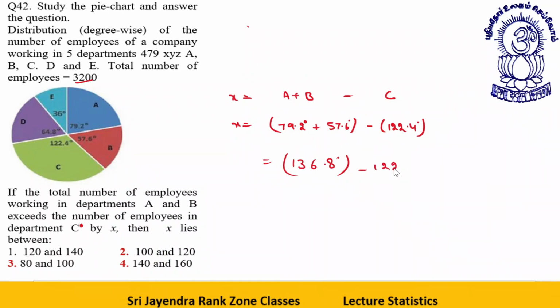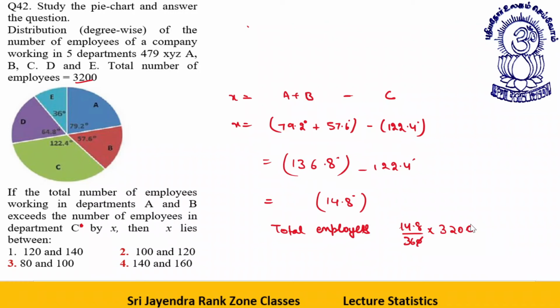Minus 122.4 degree. This will be how much? This is 14.4 degree. If you need to find the total number of employees, then total employees will be 14.4 degree out of 360 degree of 3200.